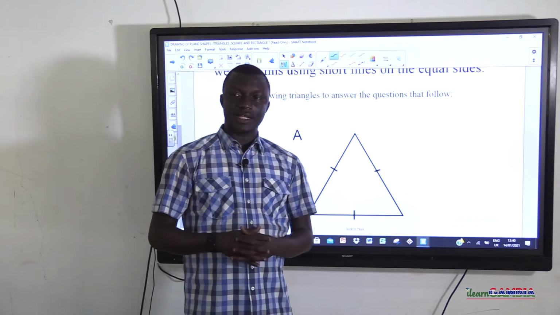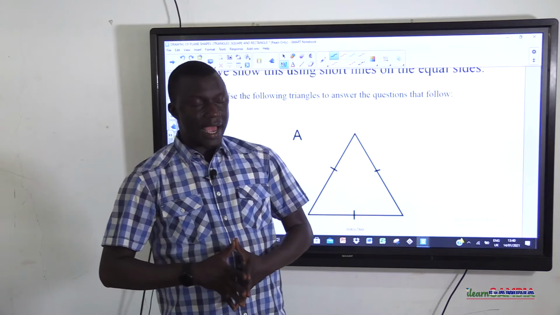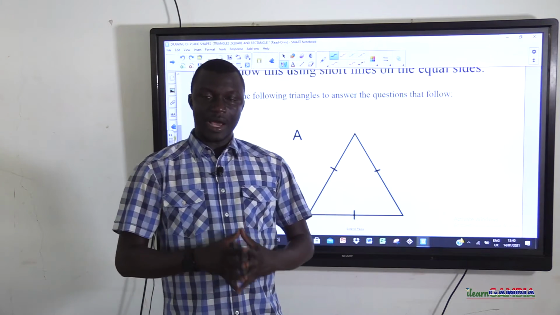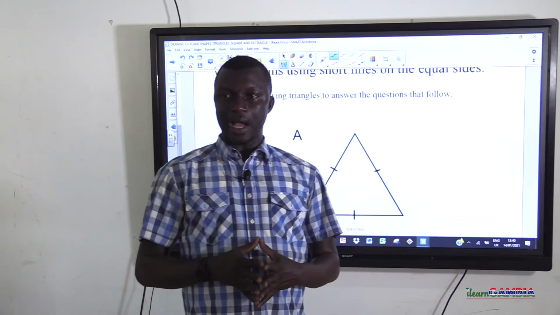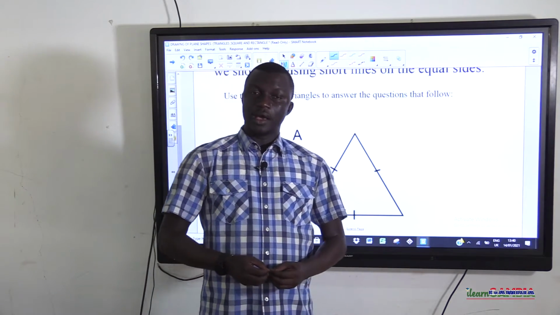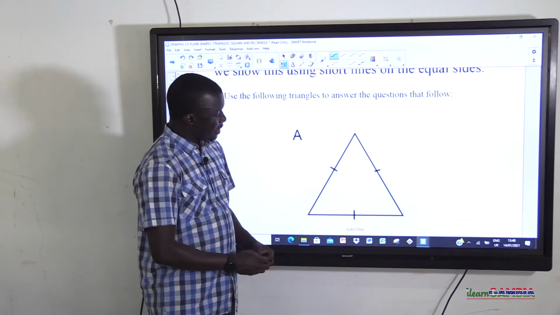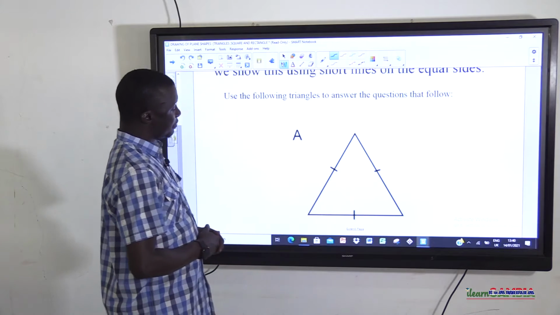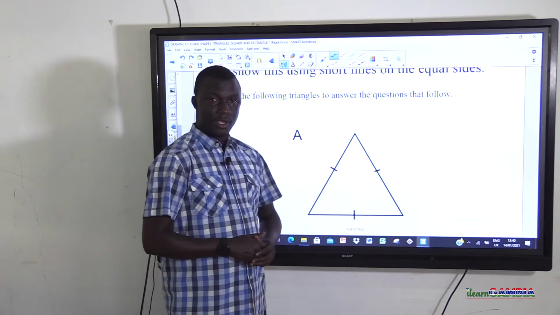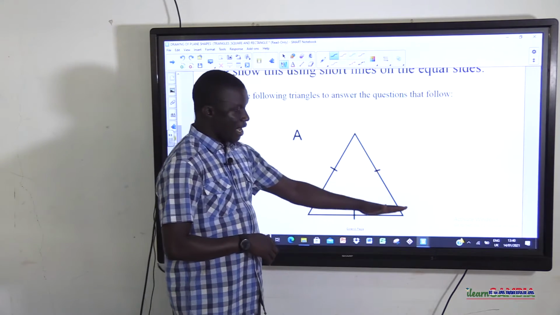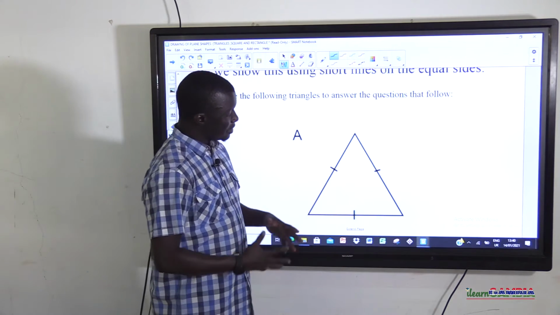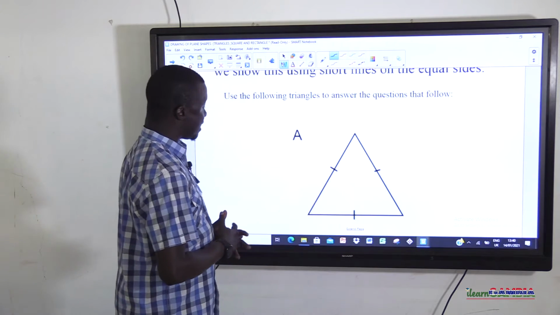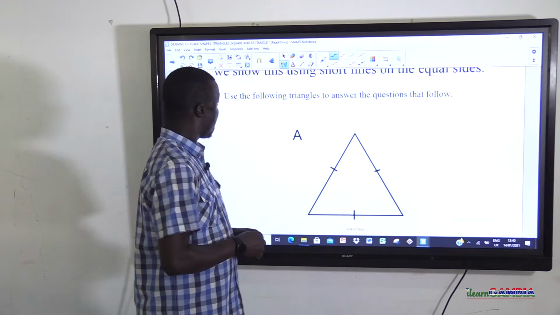That tells us that all the sides are equal. And when all the sides are identically marked, that tells us that all the sides are equal in length. Therefore, we conclude that it is an equilateral triangle.